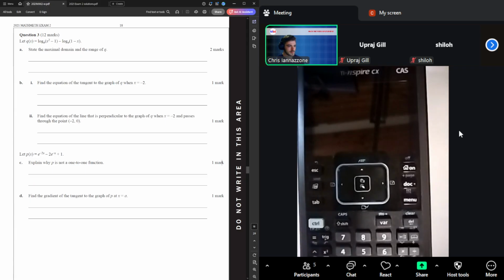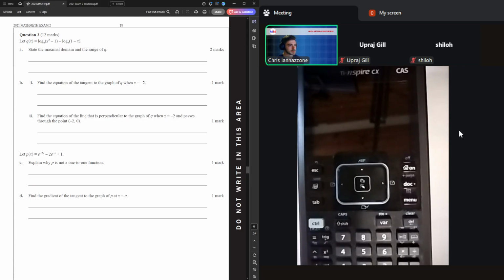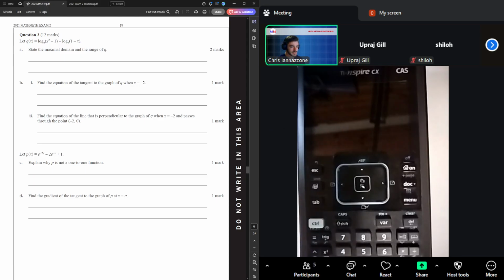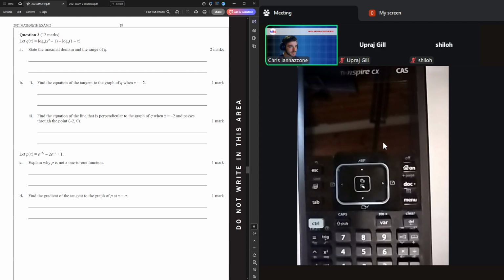Okay, maximal domain. The keyword maximal domain essentially just means what are all the possible x values that can be put into this function. So what you now have to consider is what kinds of x values can't fit into this. What reasons are there where an x value cannot exist in a graph?